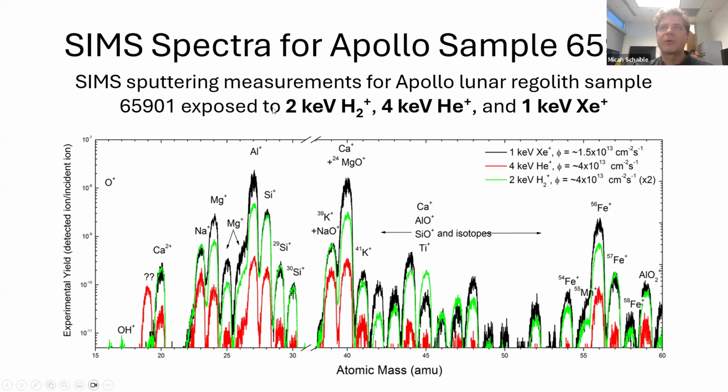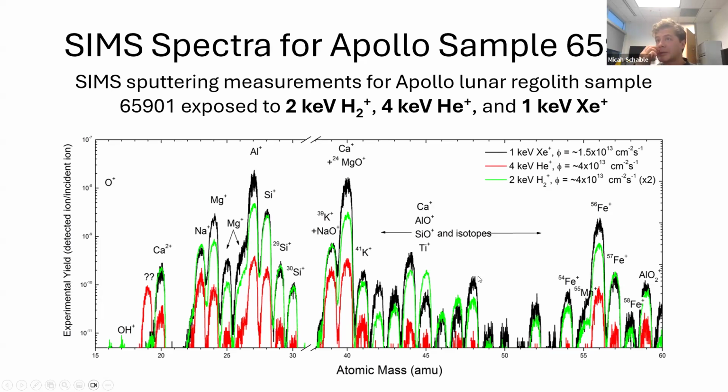And so for the incident ions that I'm showing here, we do see all of these major elemental species in that secondary ion spectra. So the aluminum, the silicon, the calcium, the iron, the titanium, all of those are present in that secondary ion spectra.